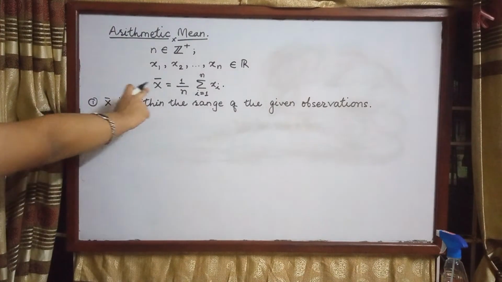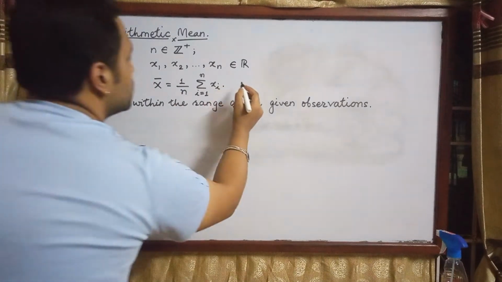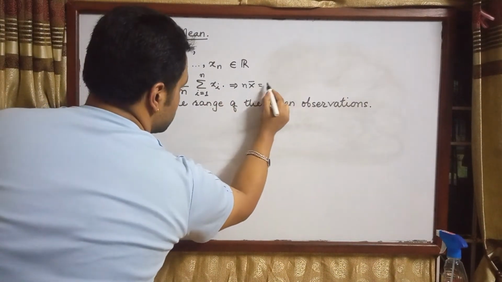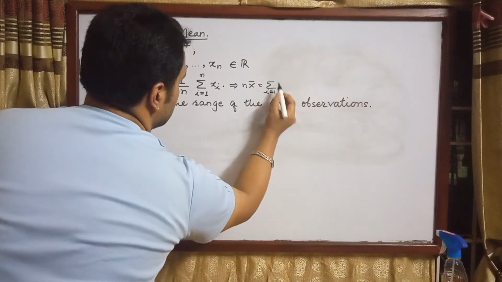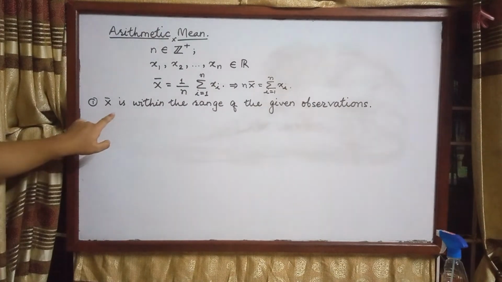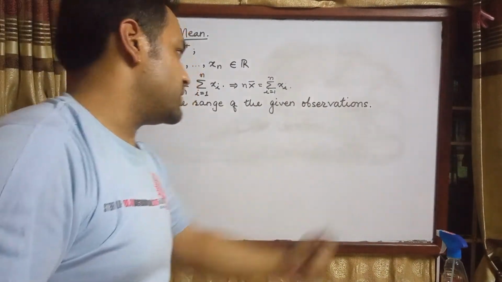Now a very quick deduction from this definition, we can write n times x bar is equal to the sum of the given observations. Okay, so what do we mean by being within the given observations?